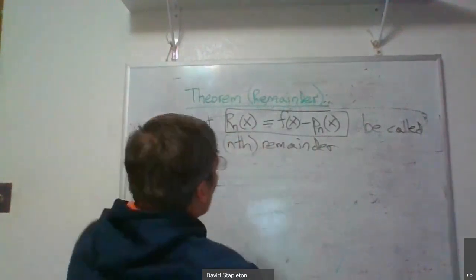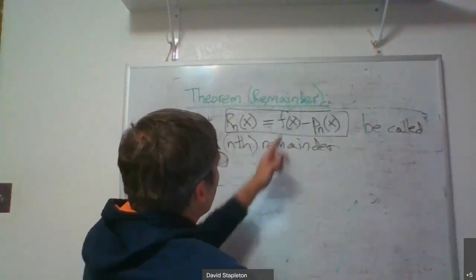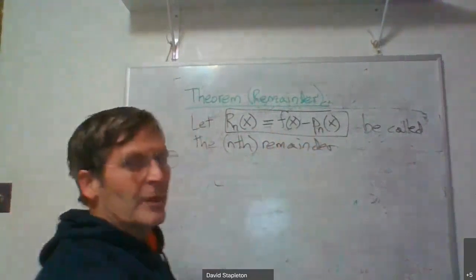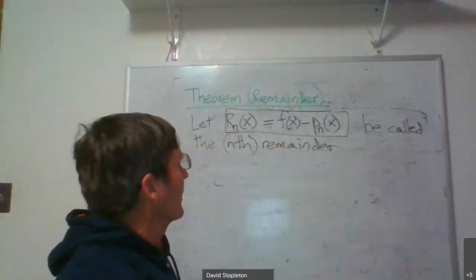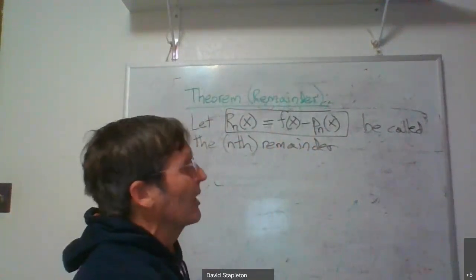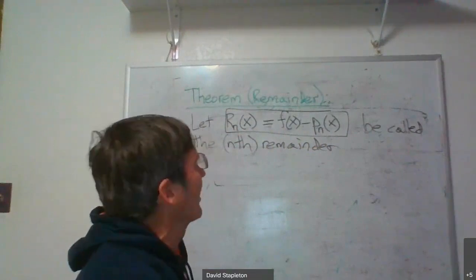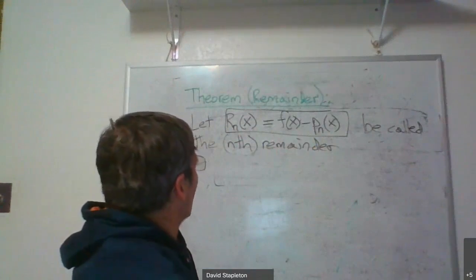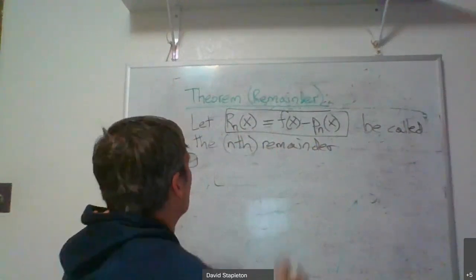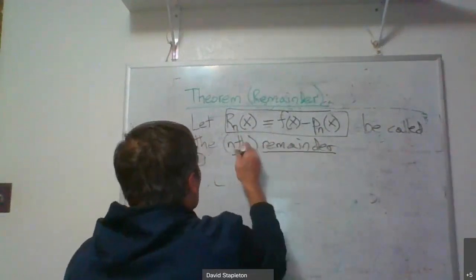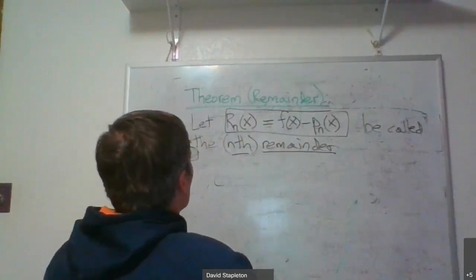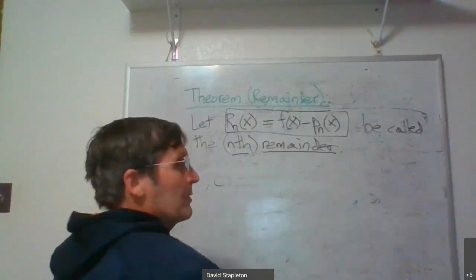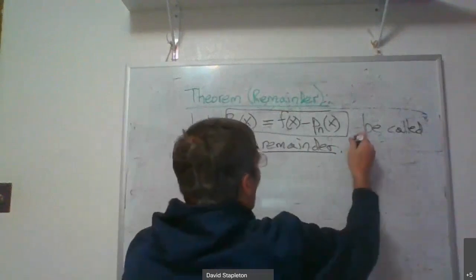Well, you say remainder. The difference between the exact function and the approximation we call the local error in the approximation, the local truncation error, sometimes they call it in numerical methods. Function minus the approximation. All right. Now, with that in tow, it turns out you can prove this.